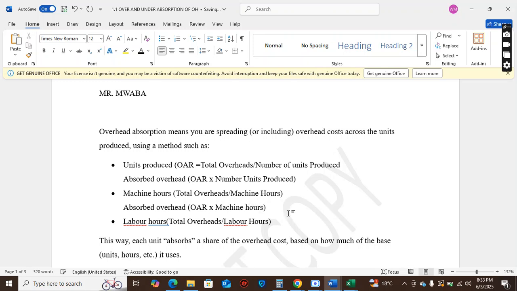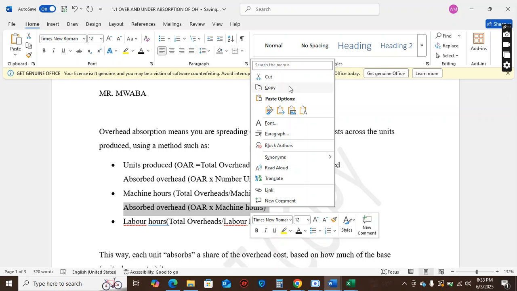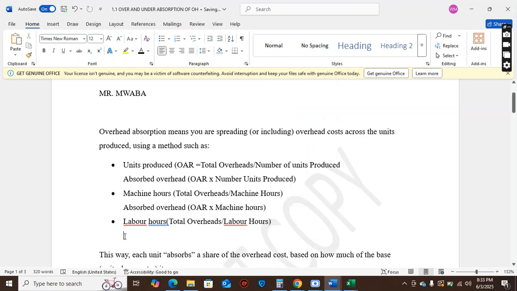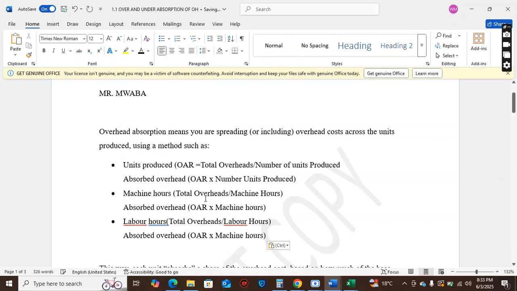Then if you use labor hours, your absorbed overhead is the overhead absorption rate times labor hours.